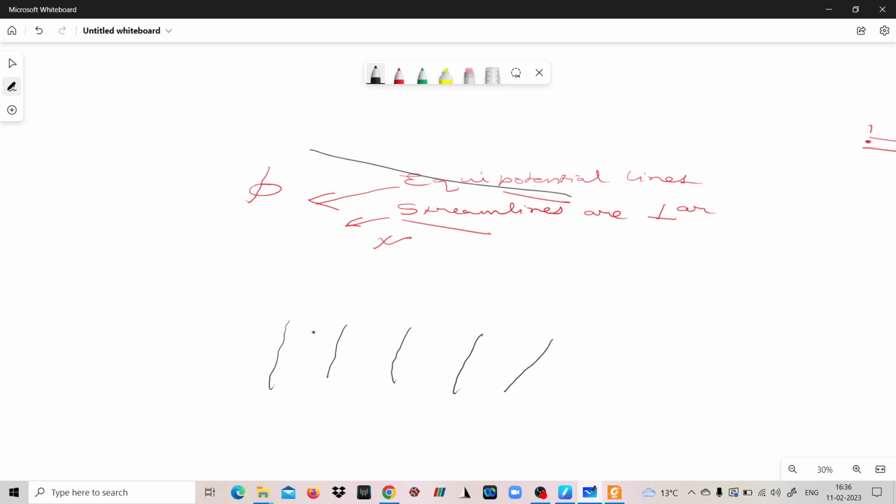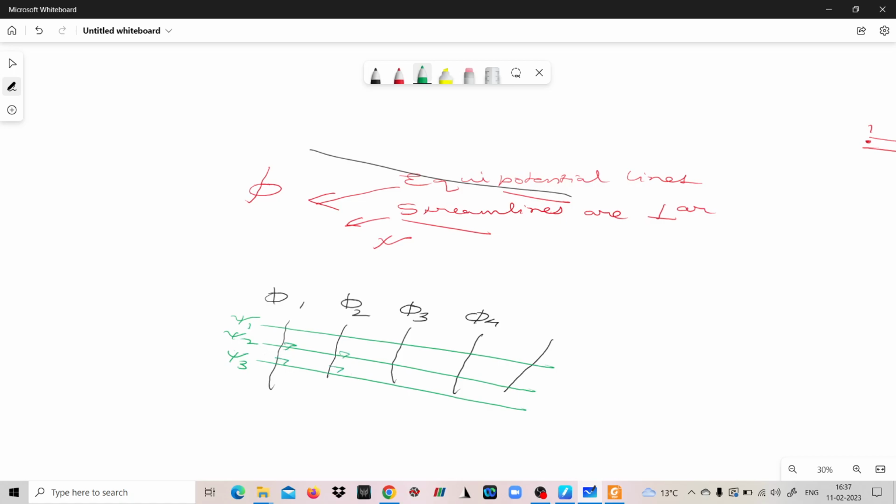So this is say phi 1, our equipotential line such that along this line the value of the potential function is phi 1, along this line say it is phi 2, phi 3, phi 4 and so on, and say these are our streamlines. Along this it is psi 1, this is psi 2, this is psi 3. So these points of intersection are always 90 degrees, they cut each other at 90 degrees always.